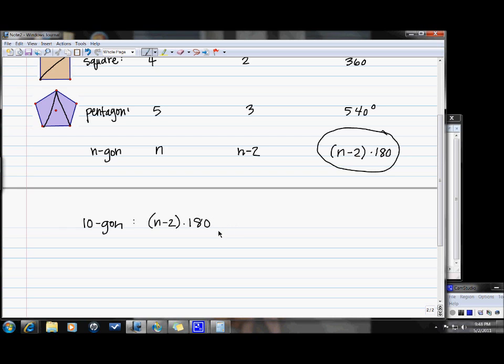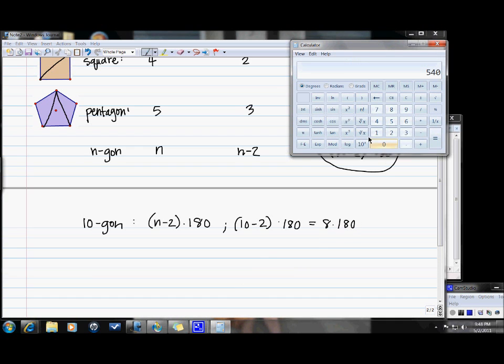So n would be 10. 10 minus 2 multiplied by 180 equals 8 times 180, which honestly, my brain is not working right now.